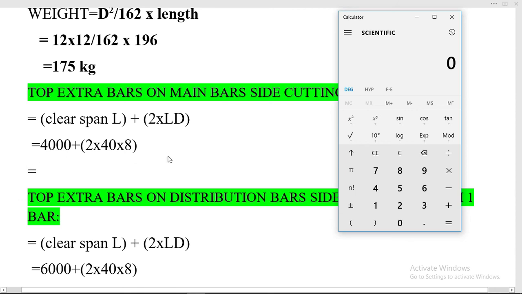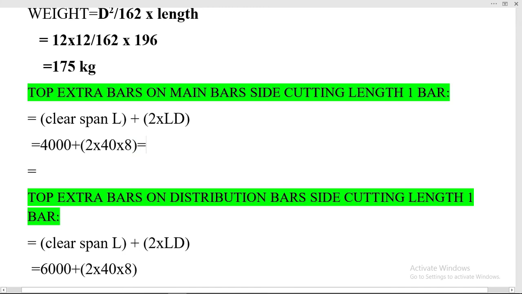So 4000 plus 2 into 40 into 8, that is 2 into 320, which is 640. 640 plus 4000 is 4640. 4640 millimeter is the cutting length of one top extra bar.